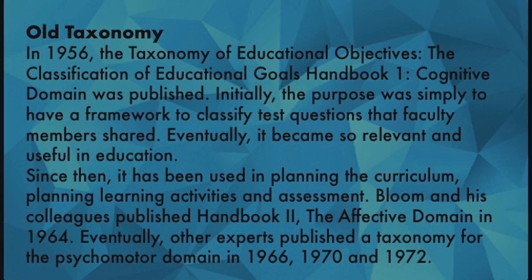The psychomotor domain involves physical skills and coordination. So, overall, the taxonomy of educational objectives had a significant impact on education by providing a comprehensive framework for categorizing educational goals and objectives across different domains of learning.